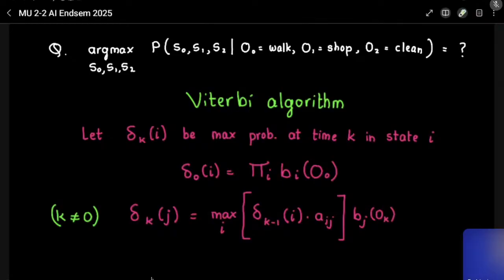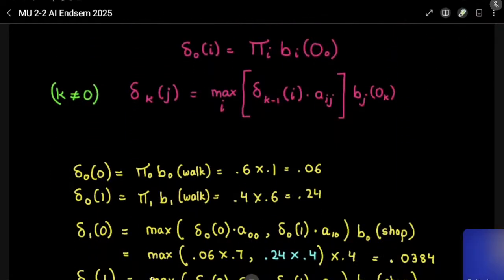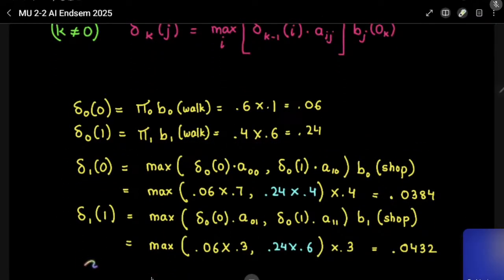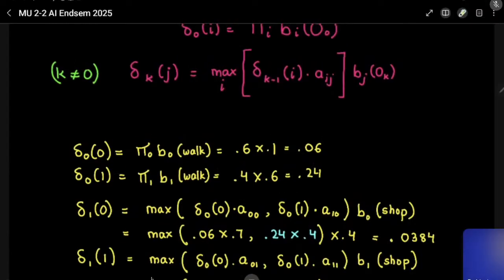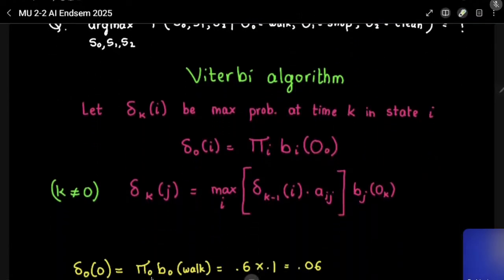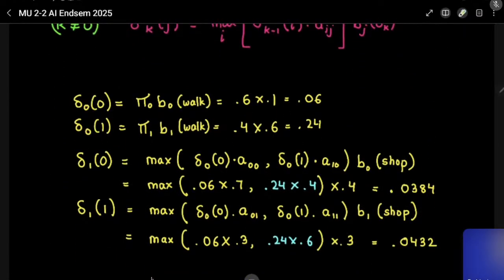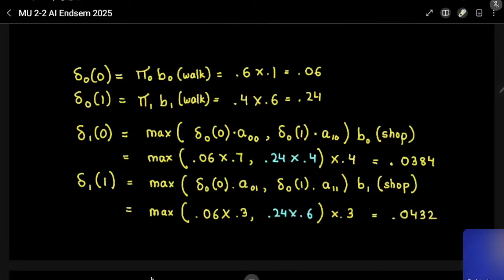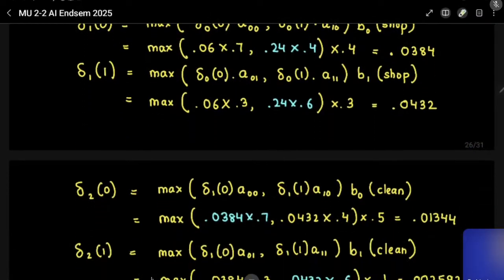So apply this algorithm. So j is 0 and 1 because you have only two states, so you get 2 of each, and continue until time becomes 2. So k will go from 0, 1 and 2. So you have delta 0, delta 1 and delta 2.